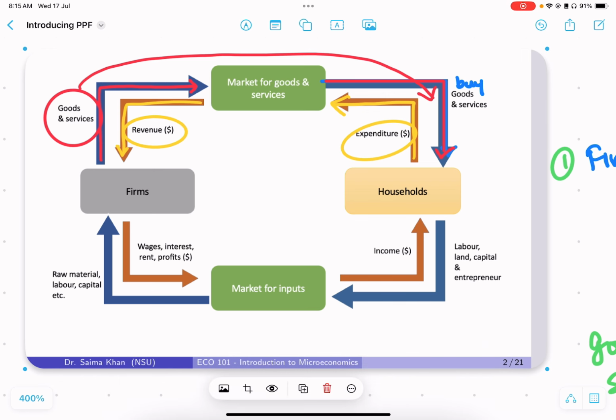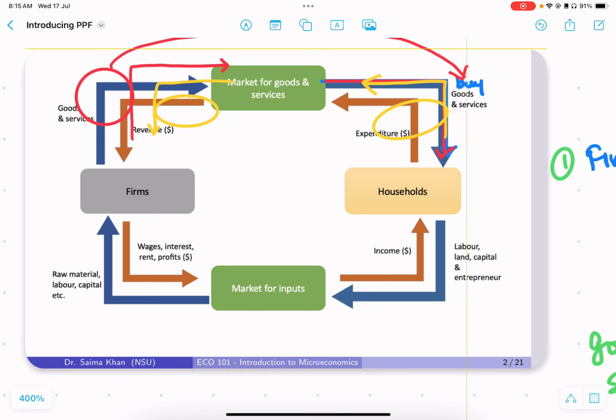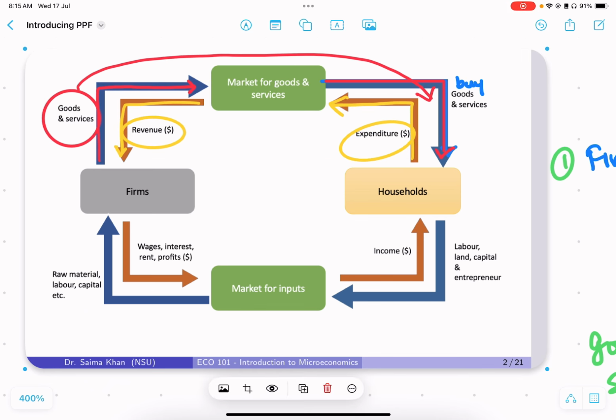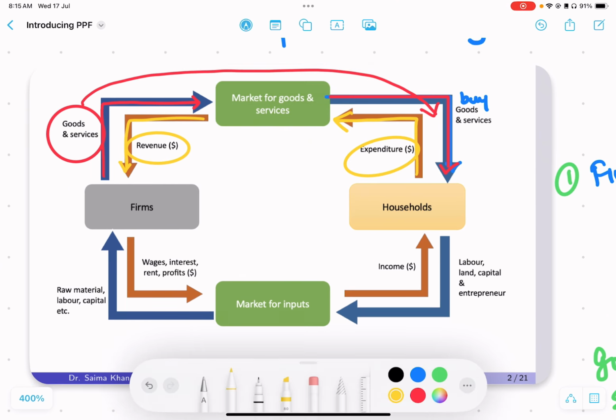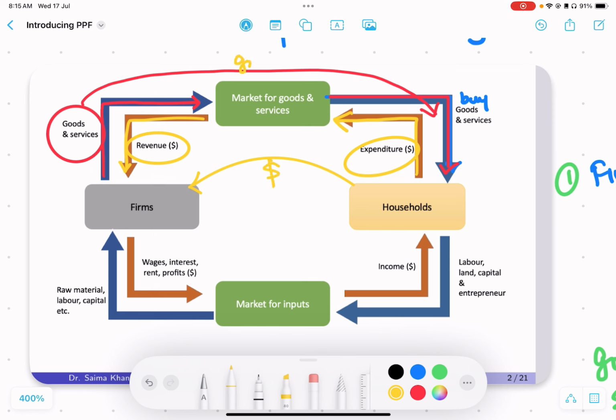So while the goods are flowing from the firm to the households, the money actually flows in the other direction. Obviously, it goes from the household to the firms. That's where the dollar flow is, and this is the flow of goods and services, right? So that's how it works.